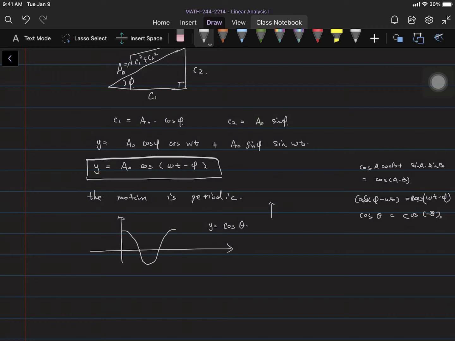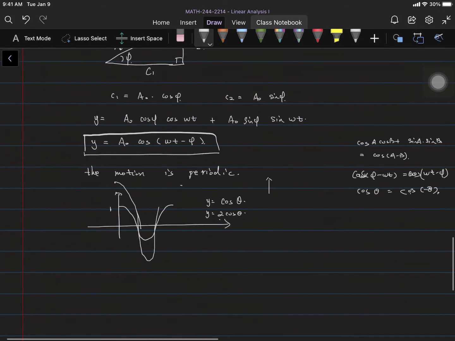And if we say y equals 2 cosine theta, we just change the 1 to 2, so it looks kind of like that. So A naught is the coefficient in front of cosine, omega gives us the frequency, and phi gives us the shift.